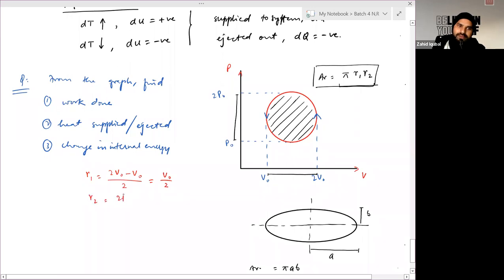R2 will be 2P0 minus P0 divided by 2, so it will be P0 by 2. So work done equals the area under this graph, so it will be pi R1 into R2, so pi times P0 by 2, V0 by 2, which is pi P0 V0 divided by 4. Is it clear?